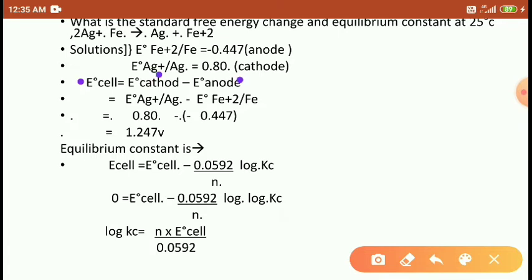The cathode is silver because it undergoes reduction. The anode is iron, it undergoes oxidation. So cathode value 0.80, anode value minus 0.447.